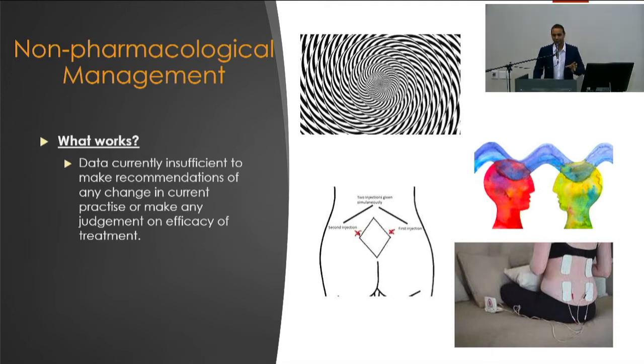The other thing that has been shown to be of a little bit more benefit is TENS, transcutaneous electrical nerve stimulation. It depends on which studies you read, but a lot of these studies are underpowered, and in terms of the outcomes that they've measured, there's a lot of heterogeneity. So including them in any sort of meta-analysis that can actually change our practice does make it quite difficult to do.